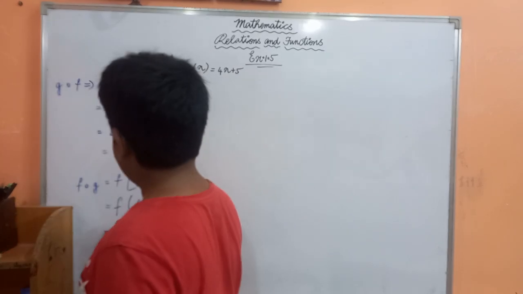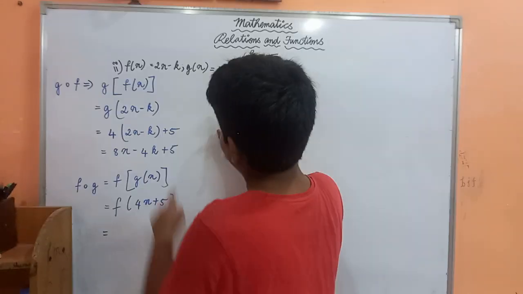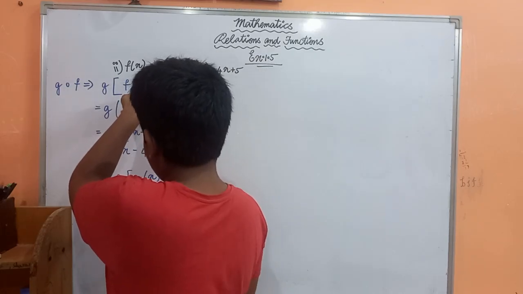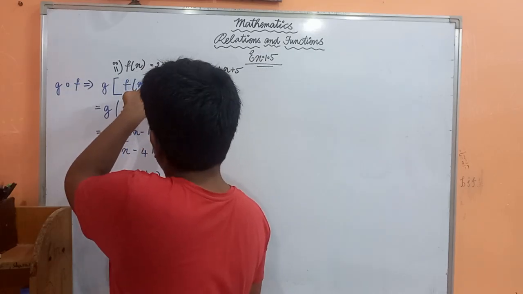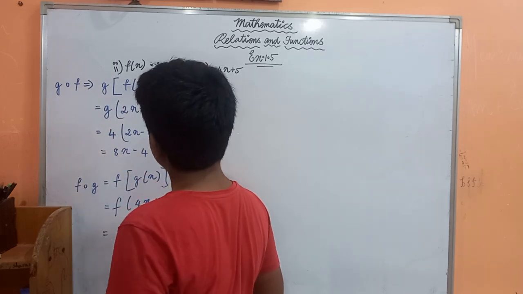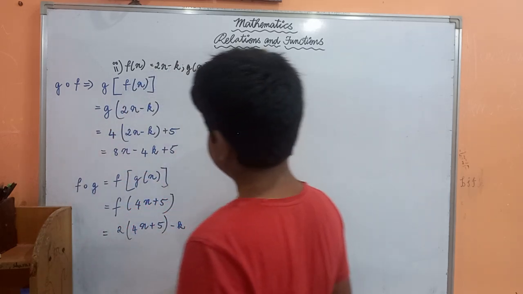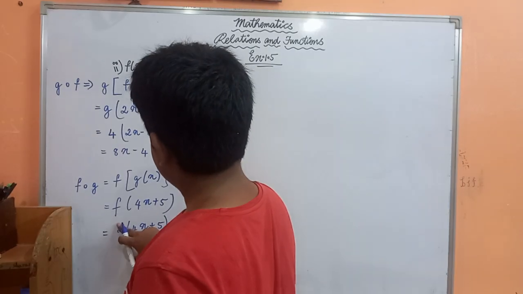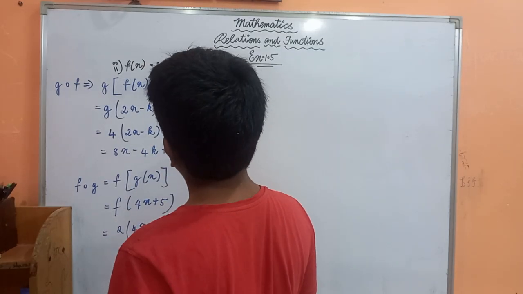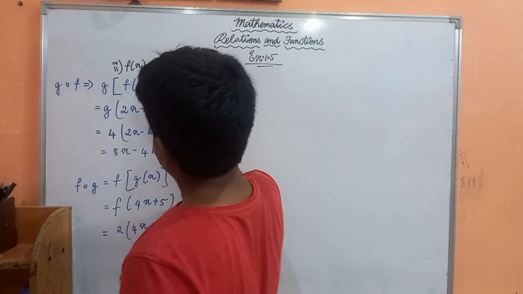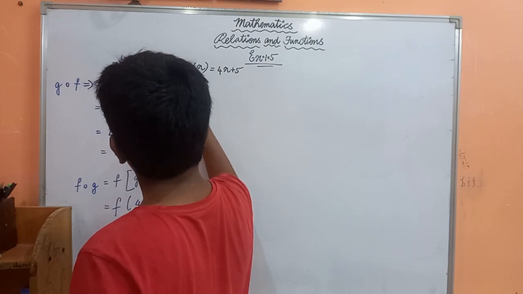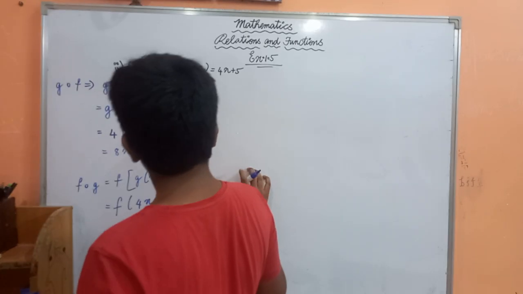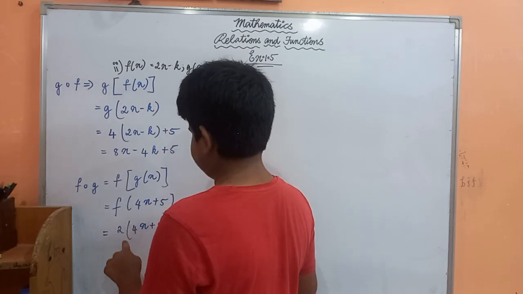So f replaced by 2x, so it's 2 of 4x plus 5 minus, okay. Now it is g of x. F of x, g of x is there. Yep, so I did it correctly.